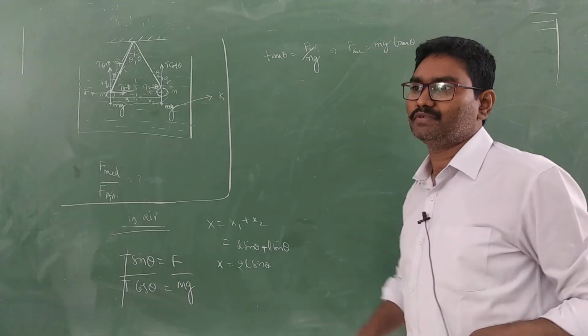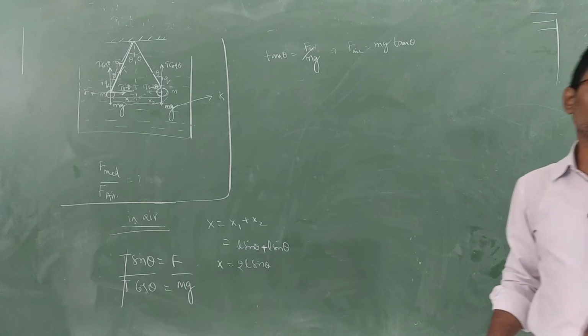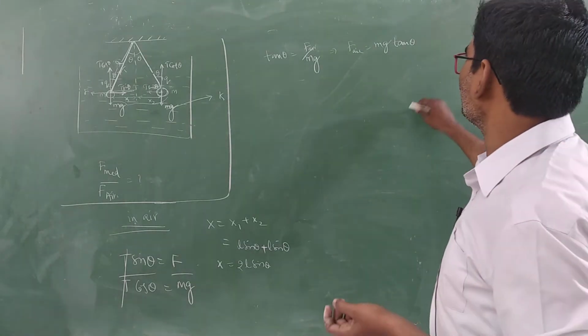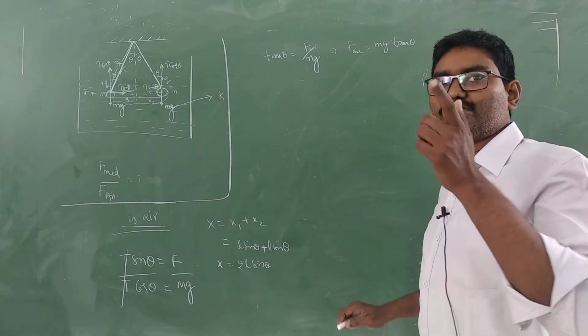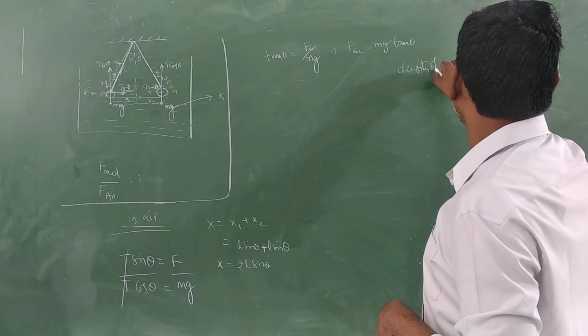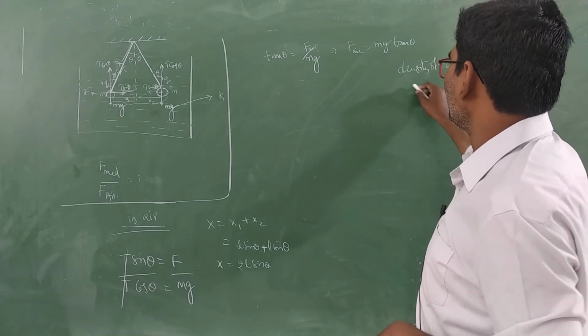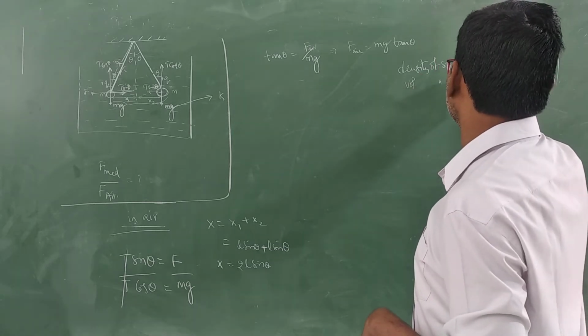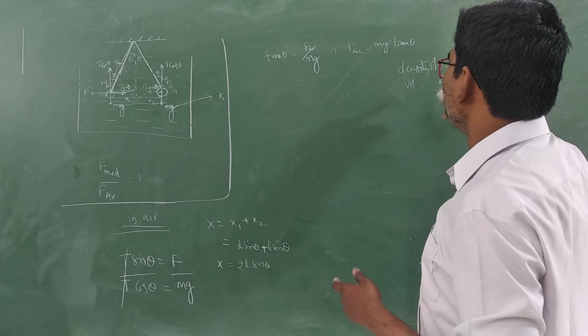What is m? M is the mass of the sphere. Suppose they have given that the density of the sphere is rho, and the volume of the sphere is V. G is the acceleration due to gravity.